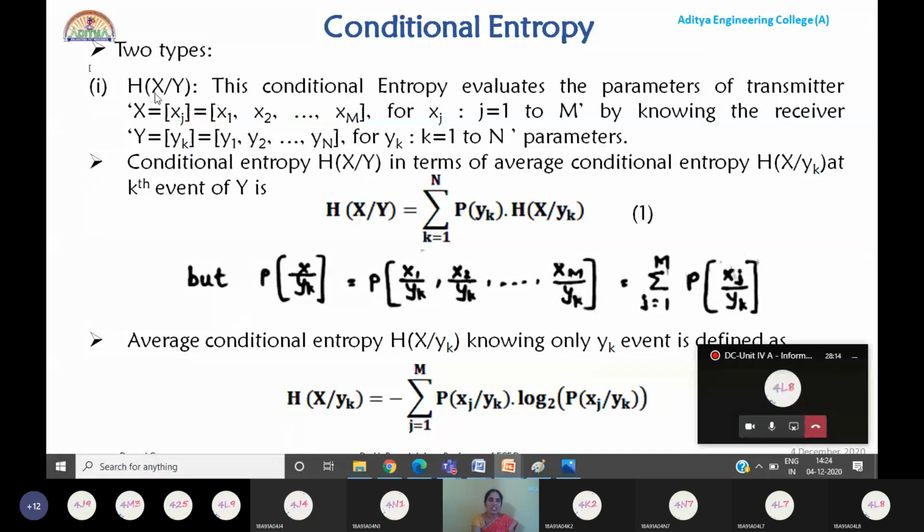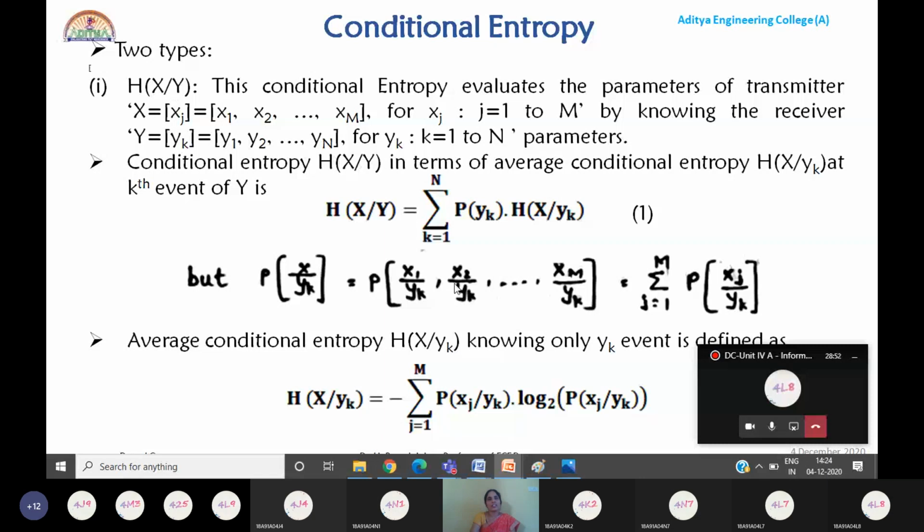In the numerator, if you observe, it is capital X. It evaluates the parameters of the transmitter section by knowing the value mentioned in the denominator. In the denominator, you mentioned the receiver events, capital Y. So knowing the capital Y events, we are calculating the capital X events. This conditional entropy evaluates the performance parameters of the transmitter section knowing the information about the receiver events.